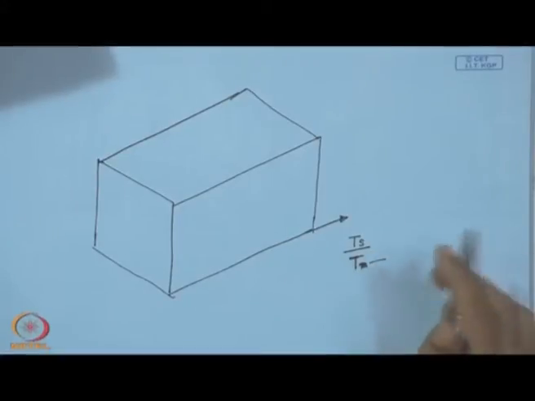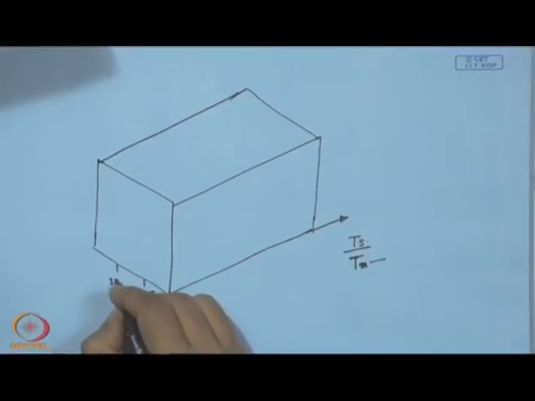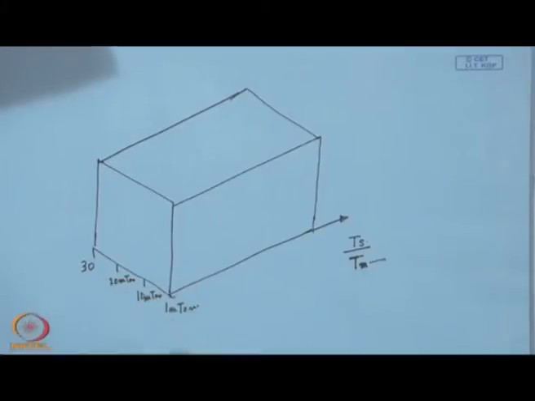And on this side we have the process pressure, and let us put, say, this is 1 millitorr, this is 10 millitorr, this is 20 millitorr, and this is 30 millitorr.